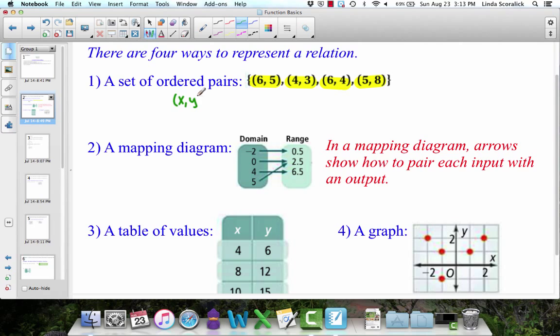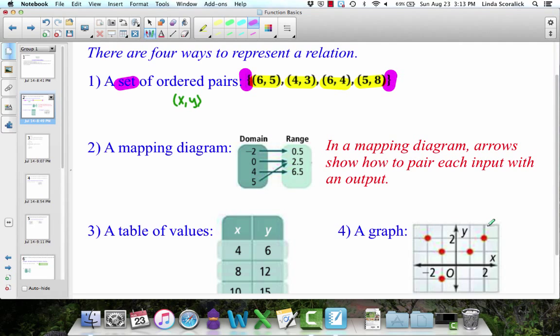We get an x coordinate followed by a y coordinate. The other thing that you're going to see there are these curly braces here at the end. That's very, very important to understand. That's what we call set notation. So those curly brackets give you a set, and inside you have those different ordered pairs, and that's what makes it a set of ordered pairs.